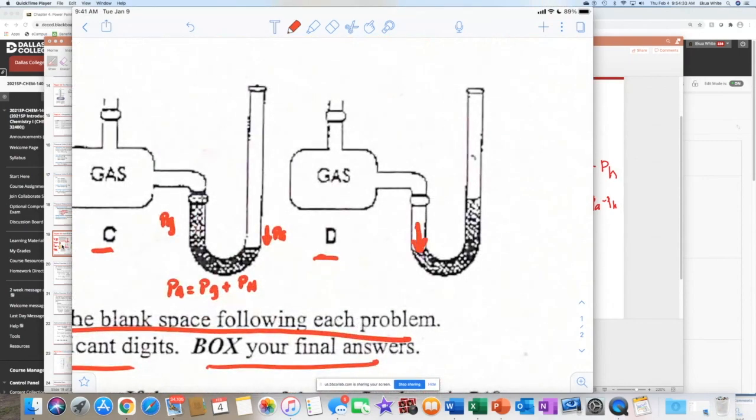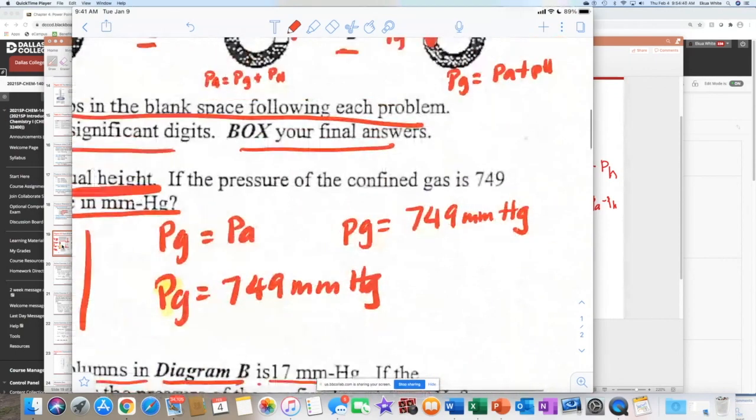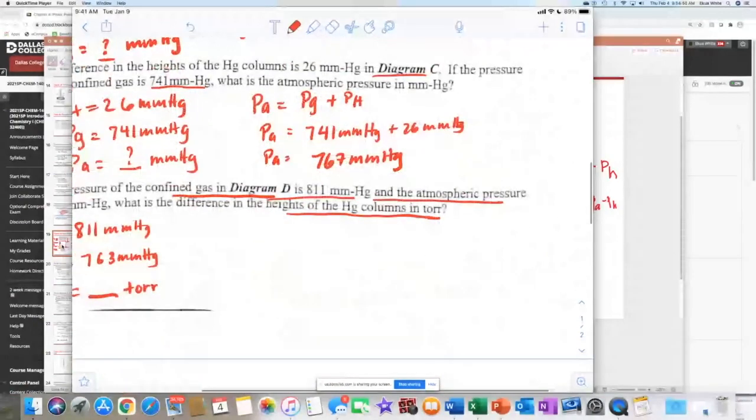Okay, so Pg is bigger than Pa. P gas is bigger than Pa. So P gas is going to be equal to Pa plus pH, right? Because the gas is bigger. So P gas is by itself. I'm going to write this down here. P gas is equal to Pa plus pH.